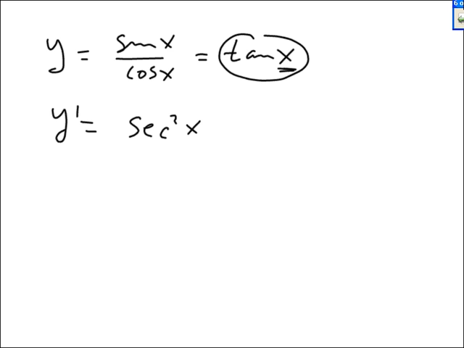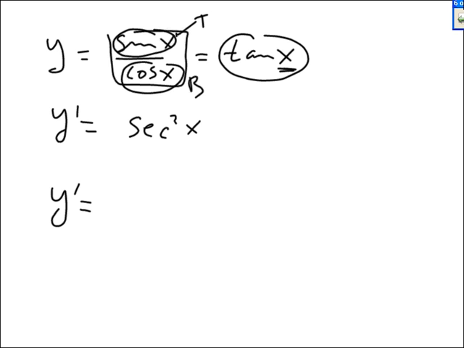If you didn't realize that was tangent of x, you have to use the quotient rule. I like to call the top, the top, and the bottom, the bottom. It's the derivative of the top times the bottom minus the top times the derivative of the bottom, over the bottom squared.